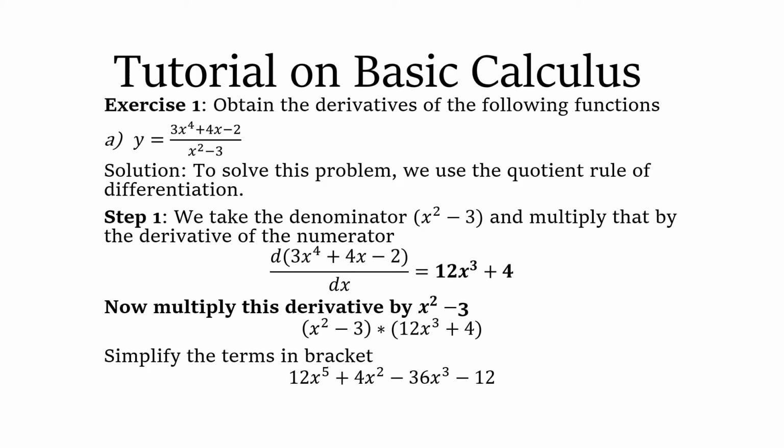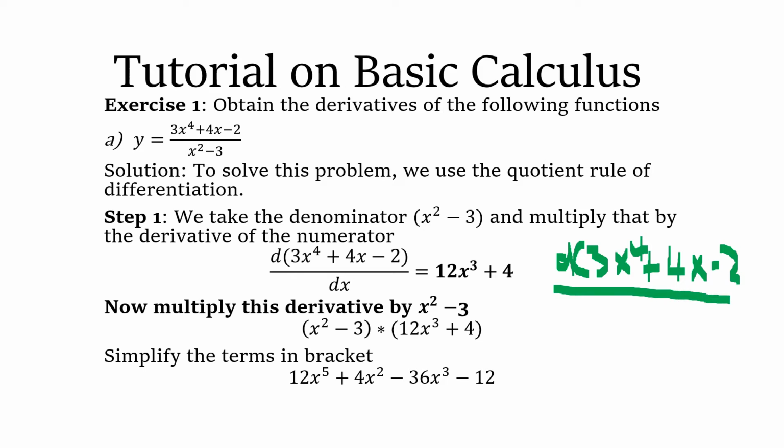That is d of 3x to the 4 plus 4x minus 2, all this by d of x, right?